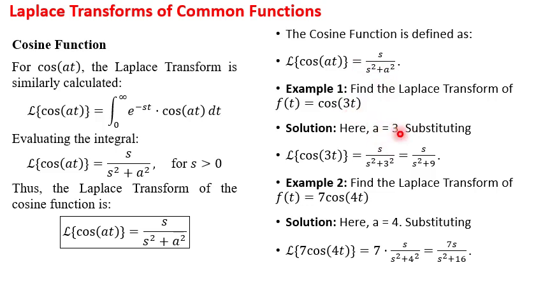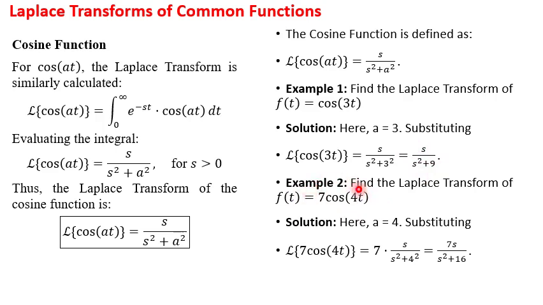Substituting 3 for a, the Laplace transform of cos 3t equals s all over s raised to power 2 plus 3 raised to power 2. Now 3 raised to power 2 is 9, so that gives us this solution.